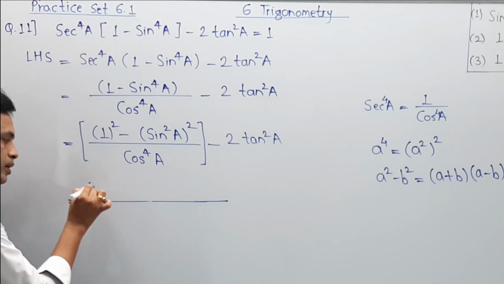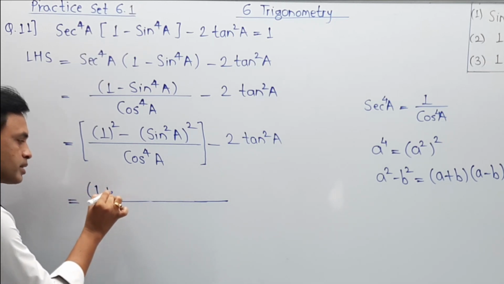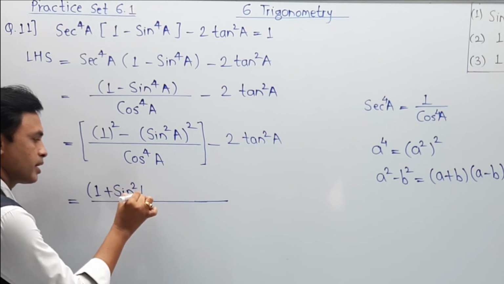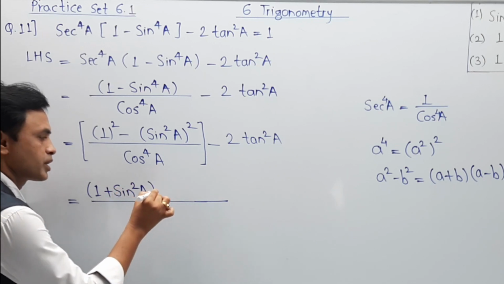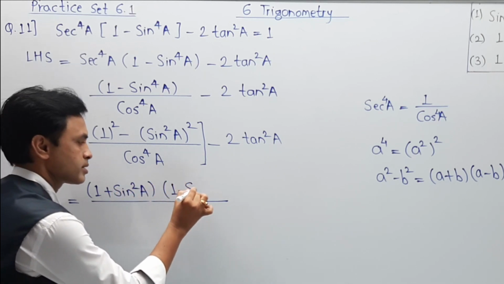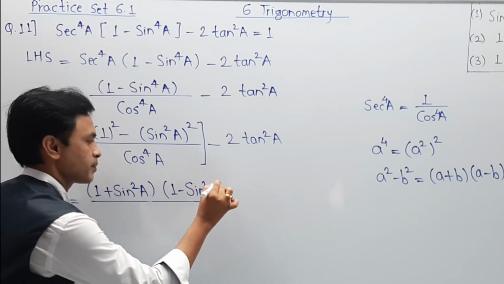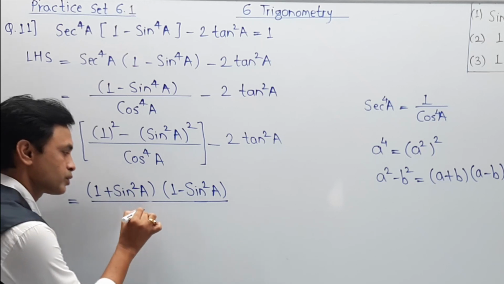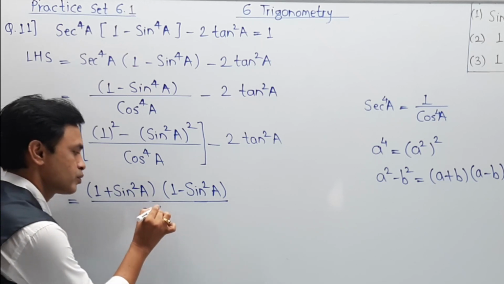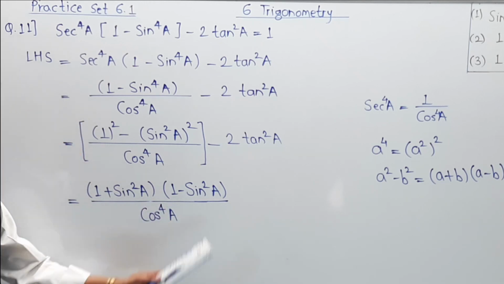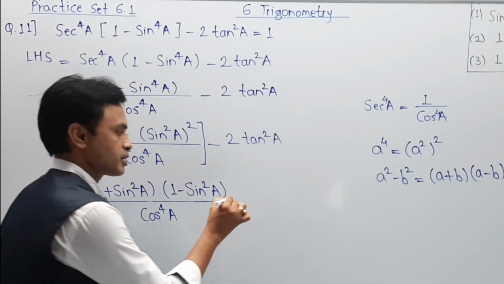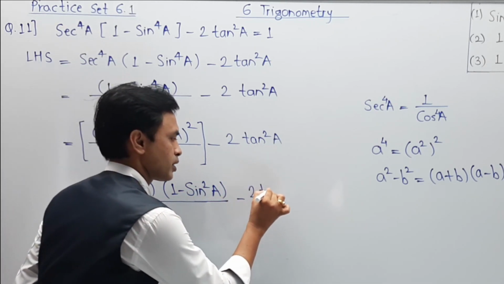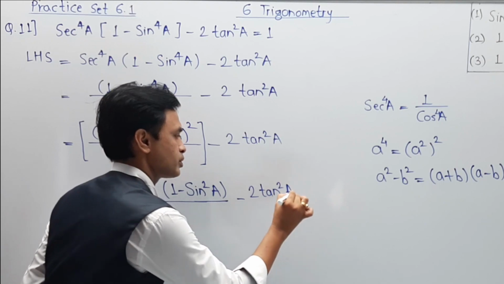So it becomes 1 plus sin square a into second bracket 1 minus sin square a, total divided by cos raised to 4a, minus 2 tan square a as usual.